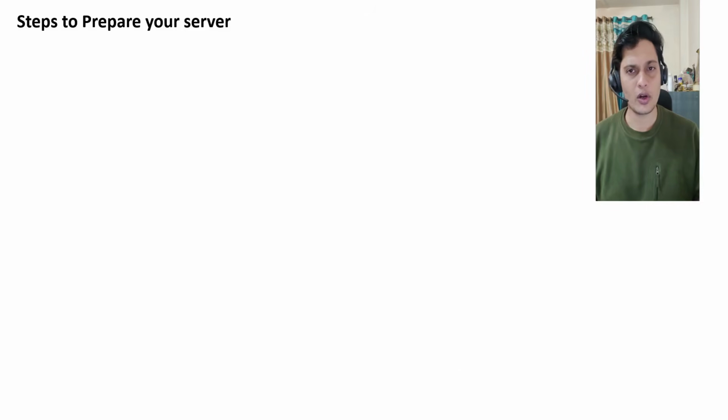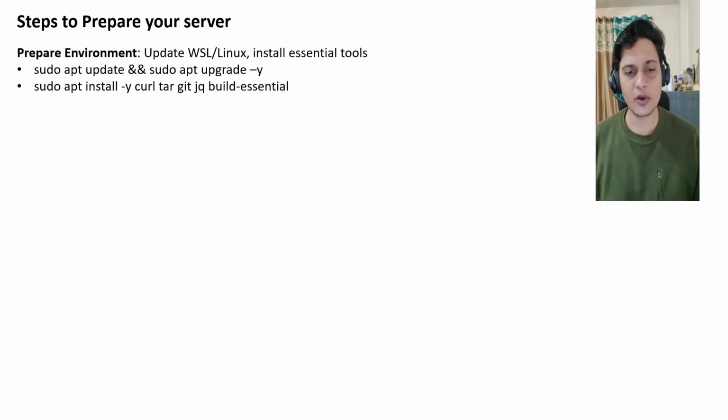So we are not going to go directly into the command prompt and do all the downloading and configuring. First, we will see the steps, then we will go there. So what are these steps? First, we are going to prepare the environment. As we are going to use Linux, we are going to update its libraries, and we will install the required build essentials, which will be used by the GitHub Action.